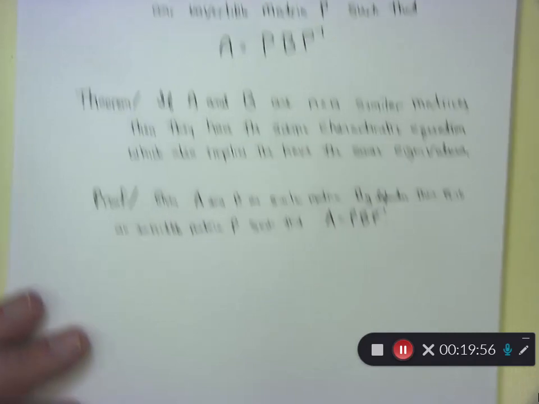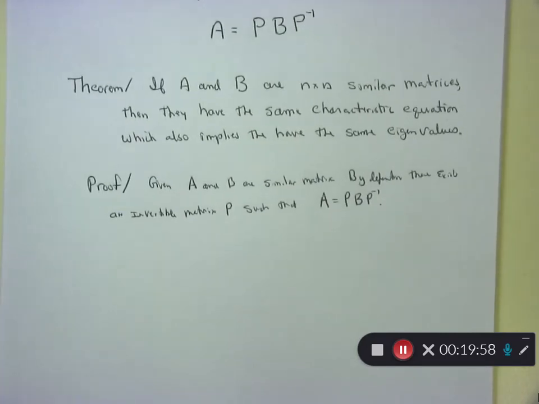That's what we mean when we say they are similar. There exists this P, a square matrix, and it's invertible. So A is equal to P B P inverse. Okay?